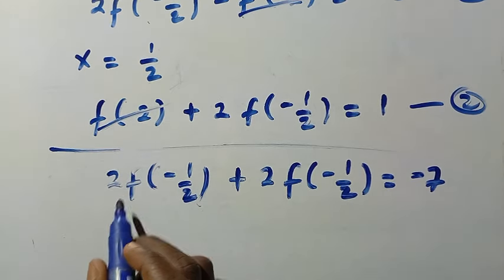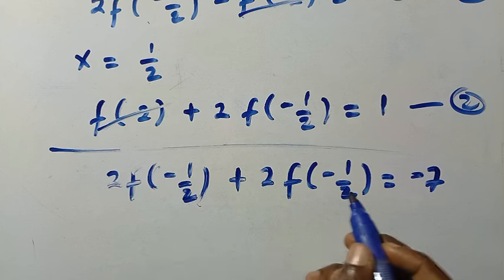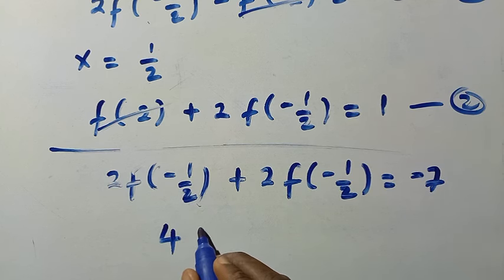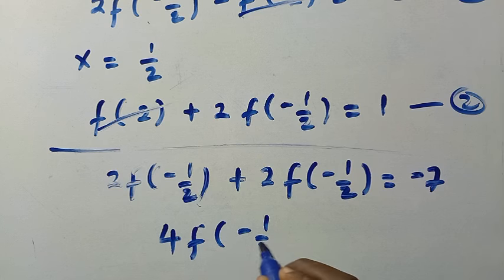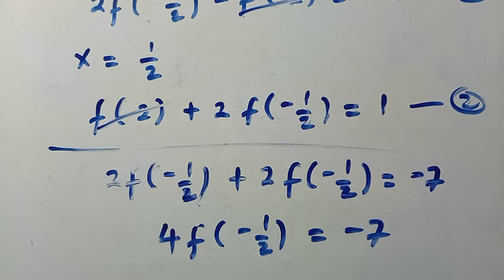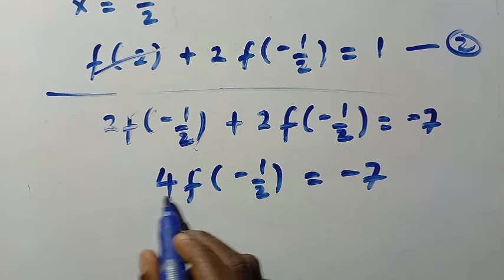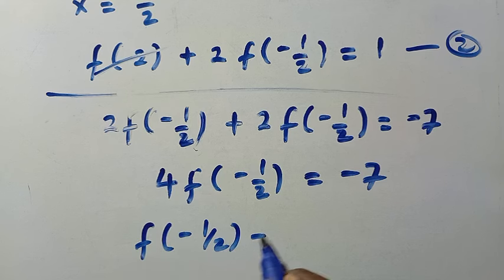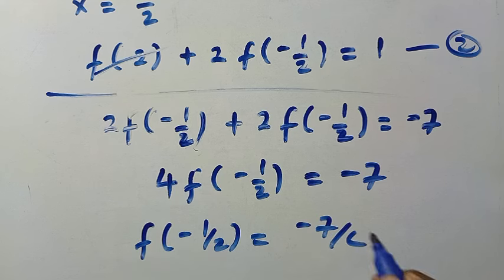So 4f(-1/2) equals -7. Dividing both sides by 4, f(-1/2) equals -7/4.